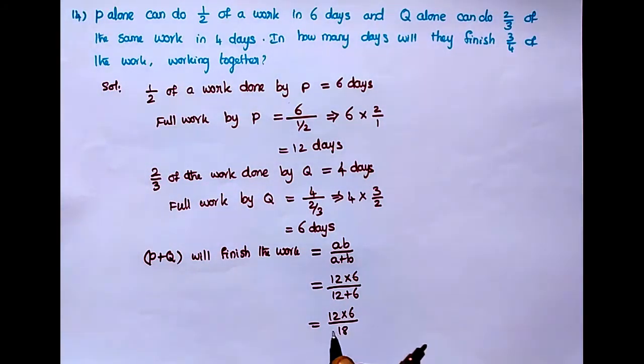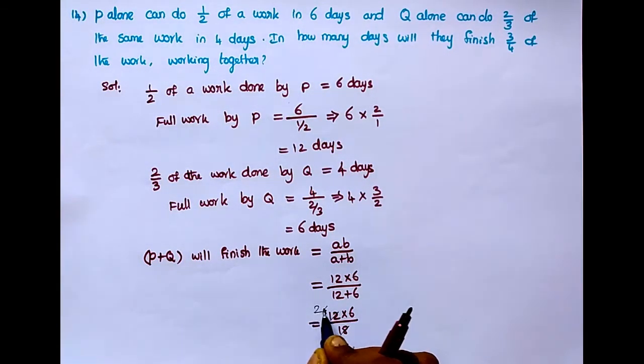So cancel this number. 6 2s are 12. Third table, okay. 2 6s are 12, 3 6s are 18. Again 2 times it is. So 2 2s are 4 days.